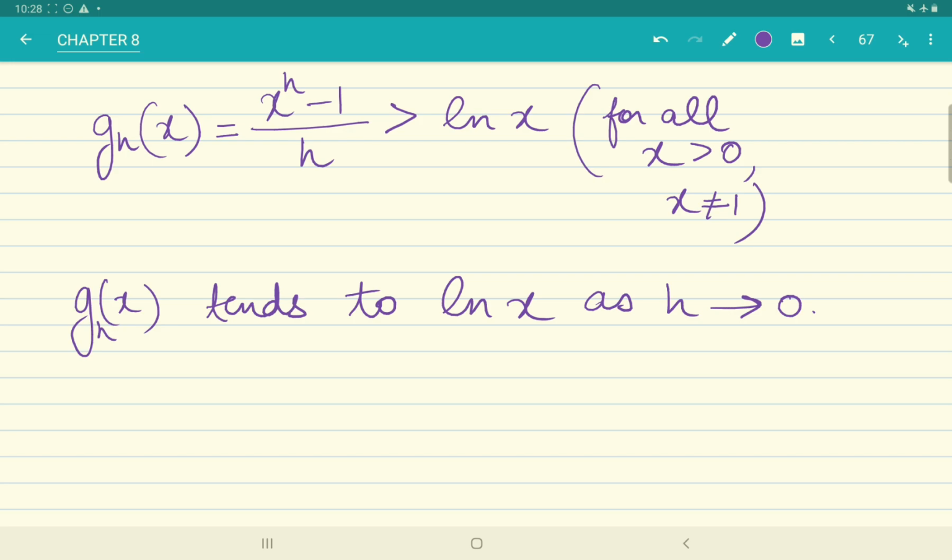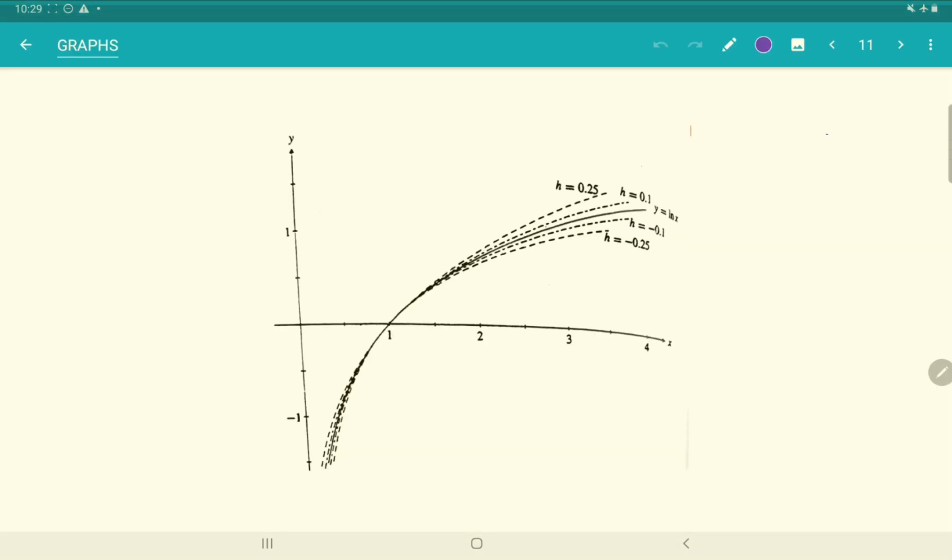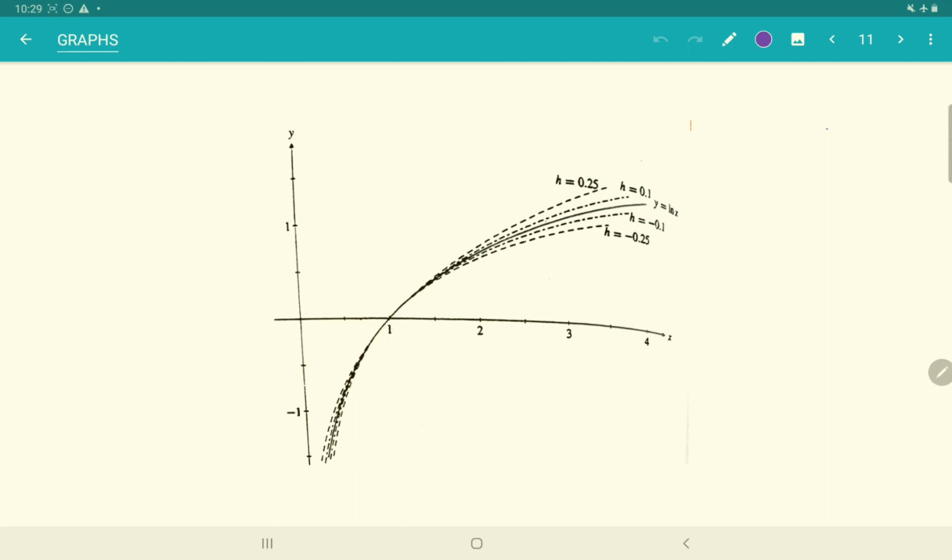We have to keep this in mind that ln x is bounded above by the function gh of x for all h greater than 0. If I take a look at this diagram, this is ln x and the function y, which is given by y equal to x raised to the power h minus 1 by h, which is nothing but gh of x.